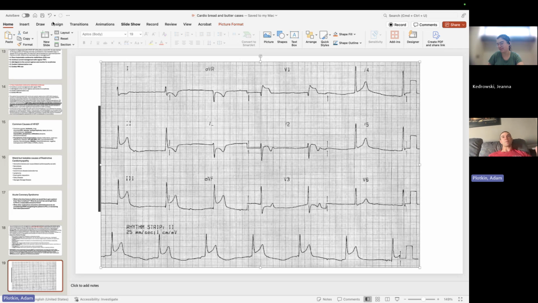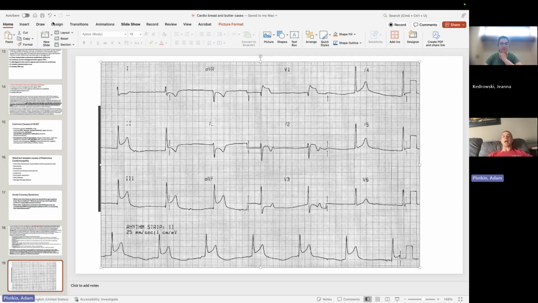The inferior portion of my heart is classically supplied by the right coronary artery in most patients. Sometimes you'll get patients that have a mixed picture, where their left circumflex or their left coronary will supply it. But thinking broadly, 2, 3, AVF is inferior and it's most likely the RCA.